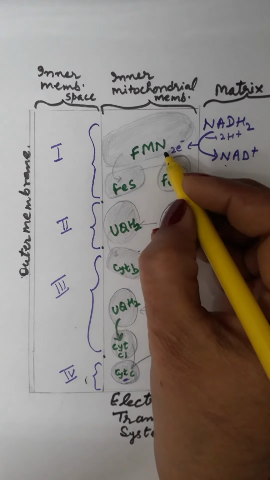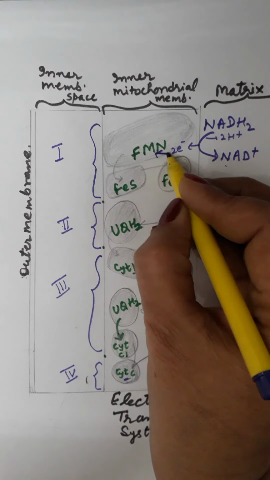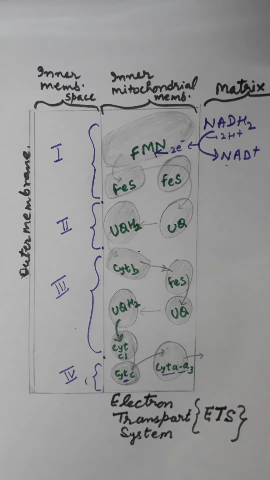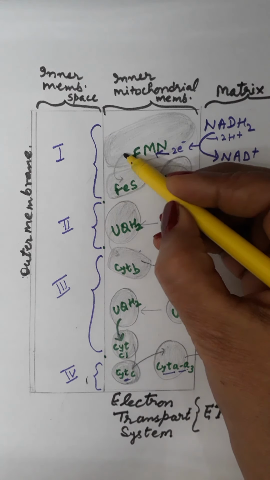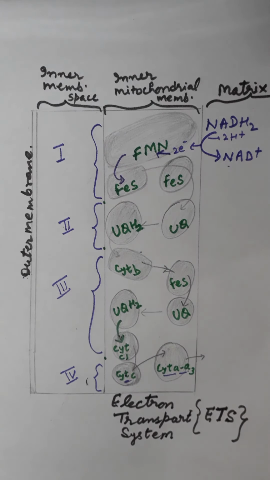These electrons are carried by complex 1, that is FMN, the first electron carrier. From FMN, these electrons are transferred to complex 2 and they show a downhill journey.